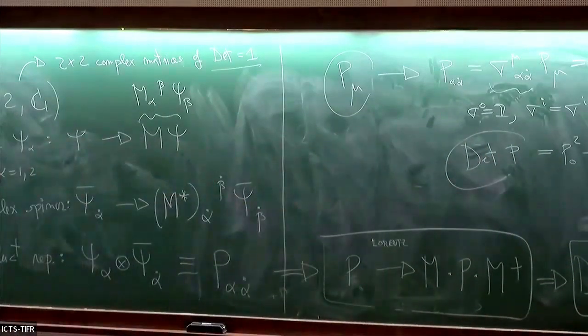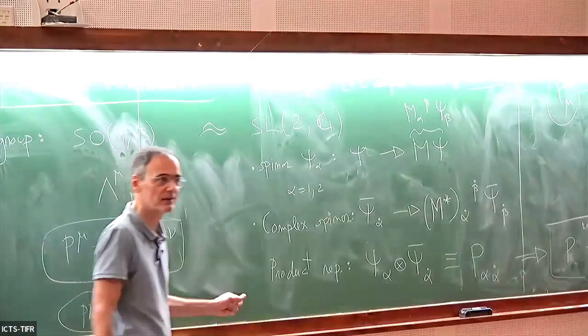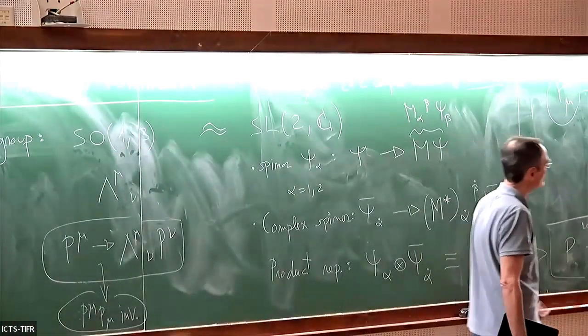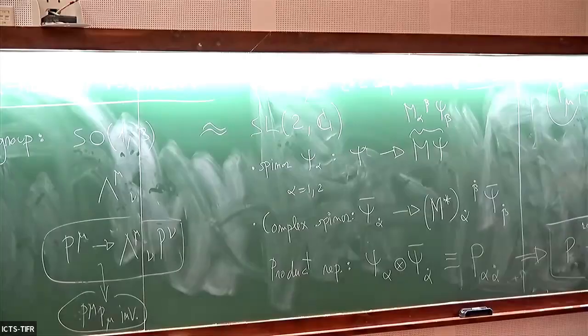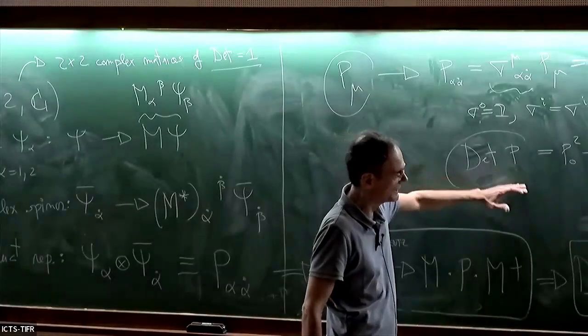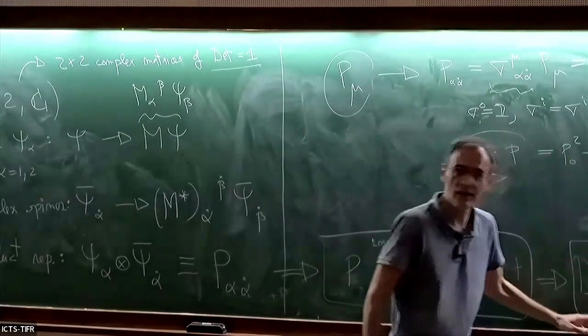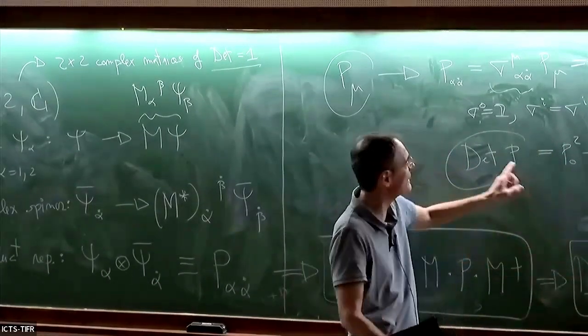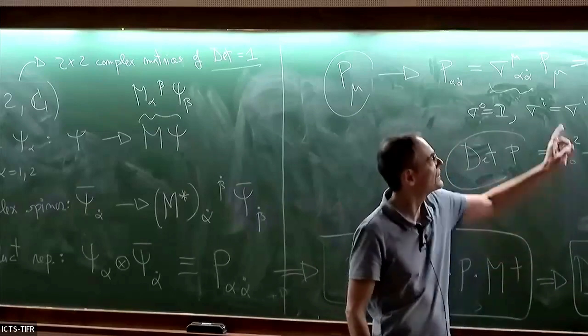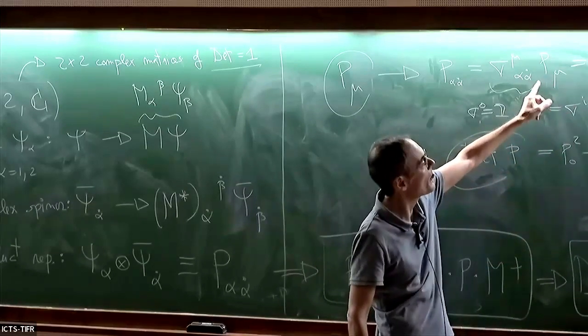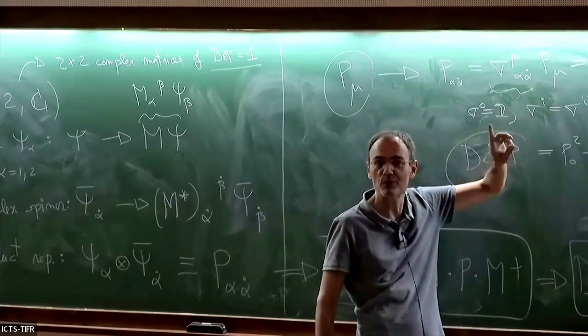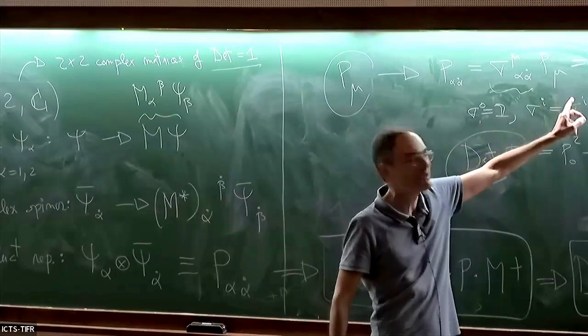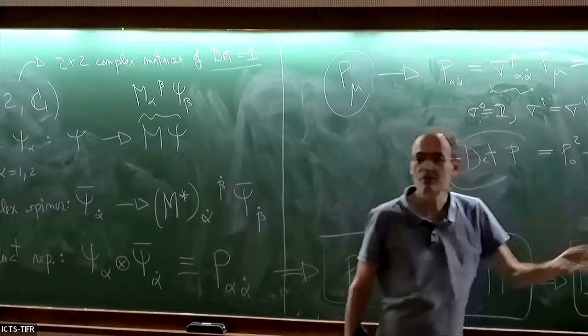A Lorentz transformation is a transformation that leaves P mu invariant. This is what I wanted to show here. Written in this way, in some sense this transformation is rotating P mu. It changes P mu components, a rotation on P mu, a Lorentz transformation of P mu, but leaving P mu squared invariant.